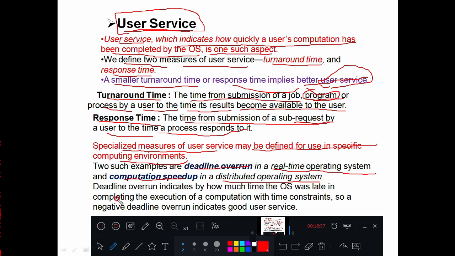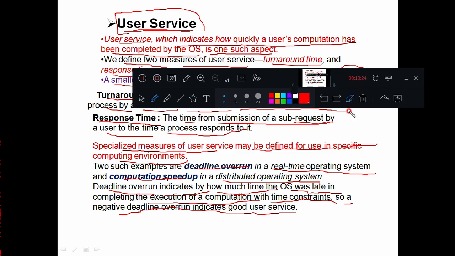A deadline overrun indicates how much time the operating system was late in completing the execution of a computation with a time constraint. We are going to discuss these two terms in detail in classes of operating system. A negative deadline overrun indicates good user service.